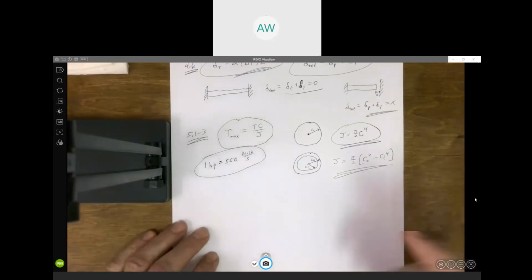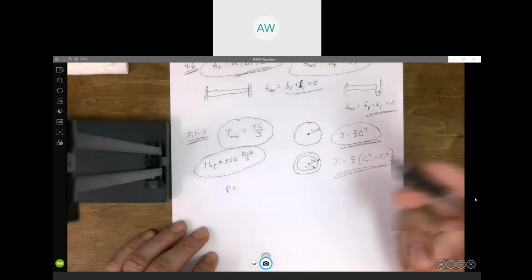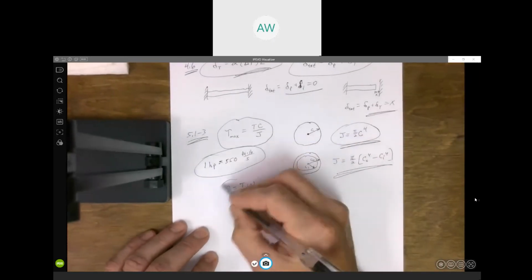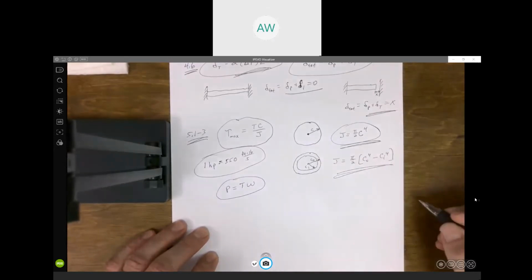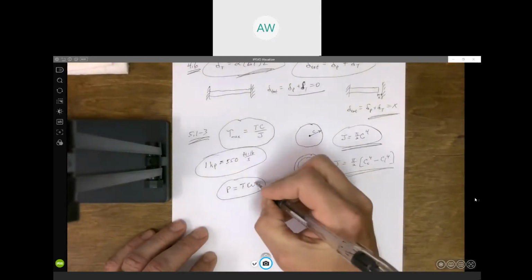One other formula as far as these twisting shafts go, if you're looking at a drive shaft and you've got power involved, right? This one is another relationship you should know, that power is equal to the torque times the angular velocity. This is omega.